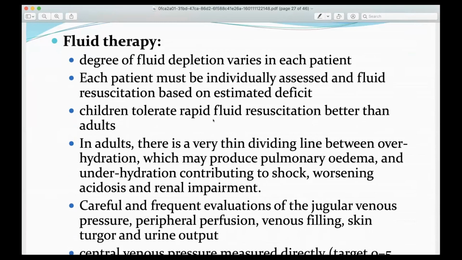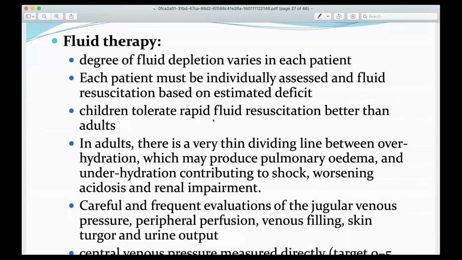So fluid therapy, again, it is very important in case of malaria. In severe cases, you need fluid to maintain the blood pressure, but you have to monitor the requirement of the fluid by various methods: capillary filling time, IVC filling, IVC collapsibility.